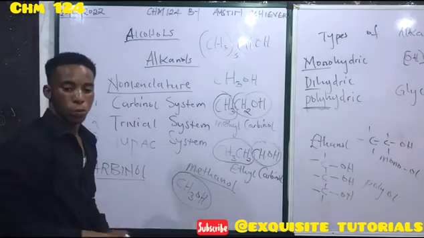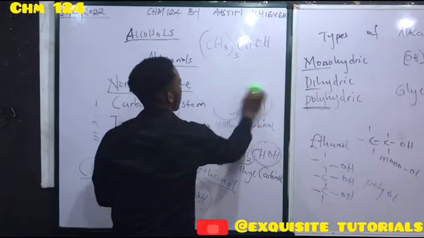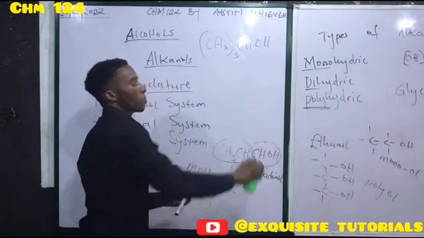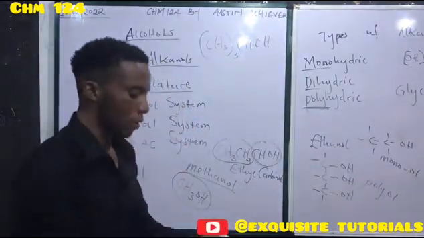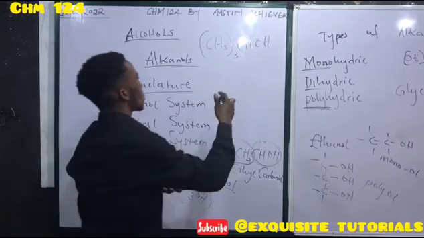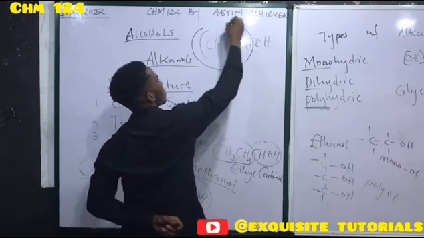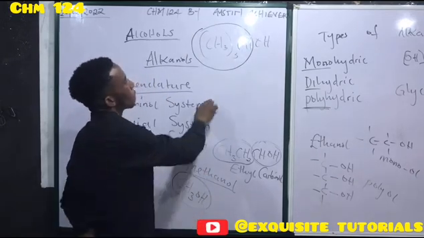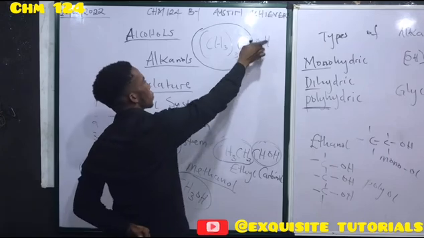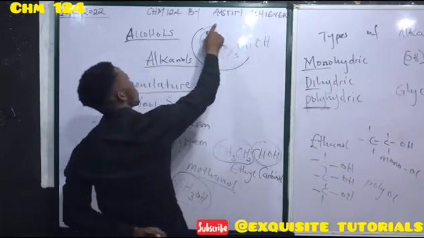Now this is where some students get it wrong. If you look at this compound very well, somebody will refer to this as an ethyl group. And that's not the only thing.